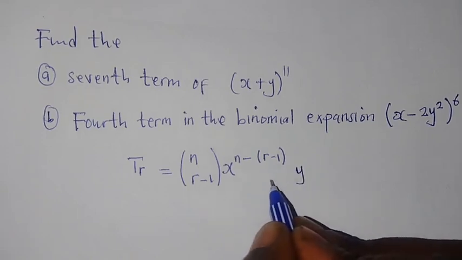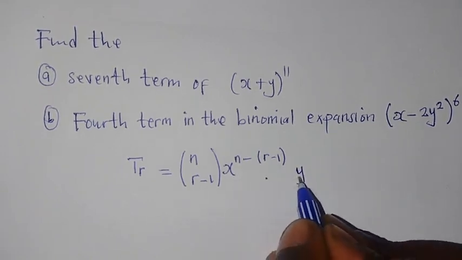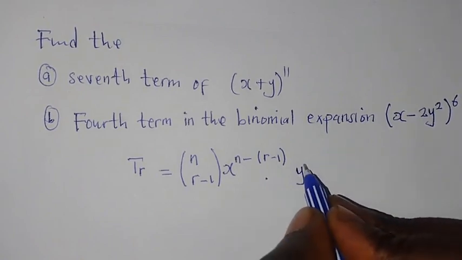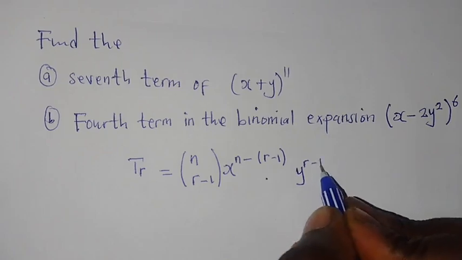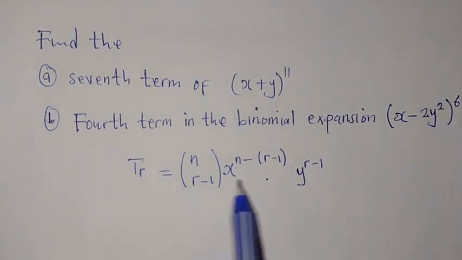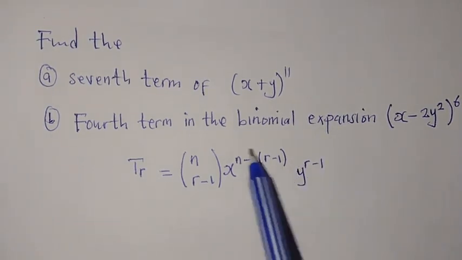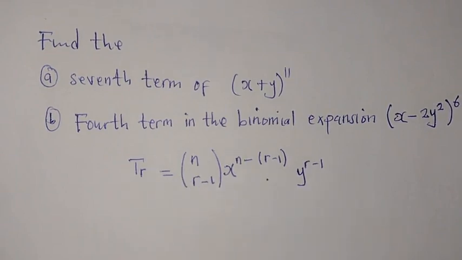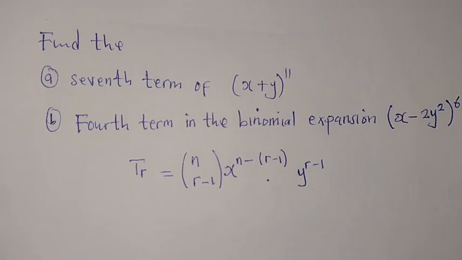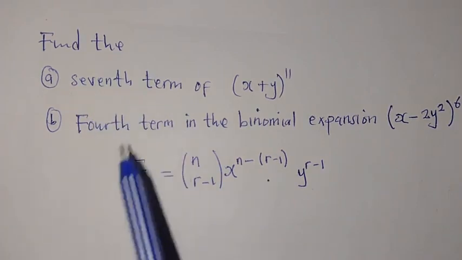There is a multiplication between x and y, and this y will be raised to the power of r minus 1. We can use this formula specifically to find the term that they have told us to find, in this case, the seventh term.